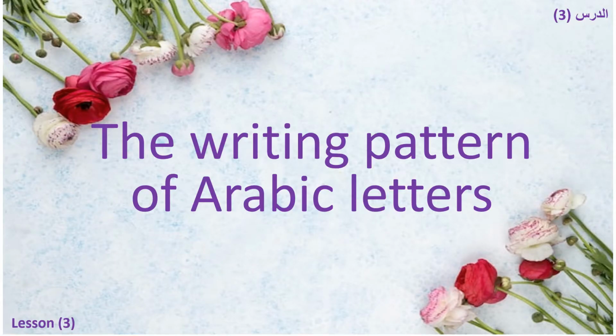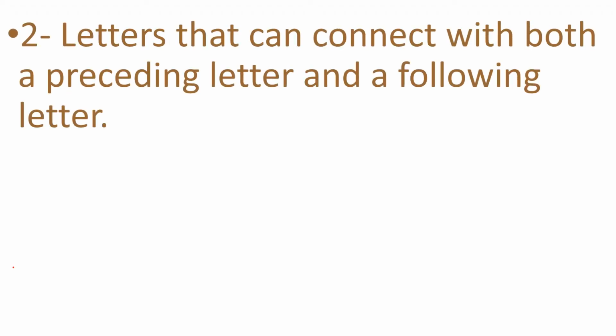Last lesson we studied the writing patterns of Arabic letters. So in this lesson we will deal with the letters that can connect with both a preceding letter and a following letter.